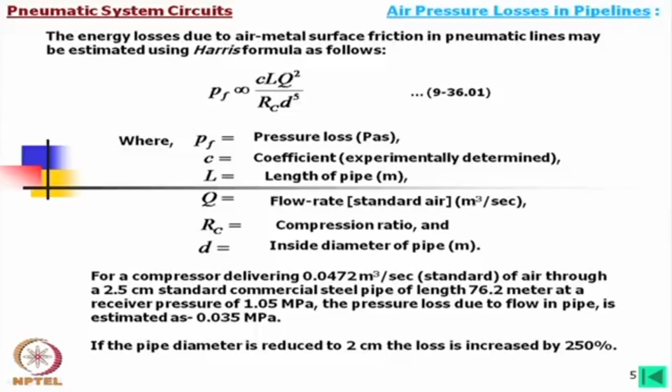But for an increase of 0.5 millimeter in the inside diameter, the quantity of air required will be huge. So, just looking at the point that there will be friction loss for smaller diameter, we will go for higher diameter. That should not be the attitude. We have to properly calculate what the loss might be, and then we have to select the pipelines.